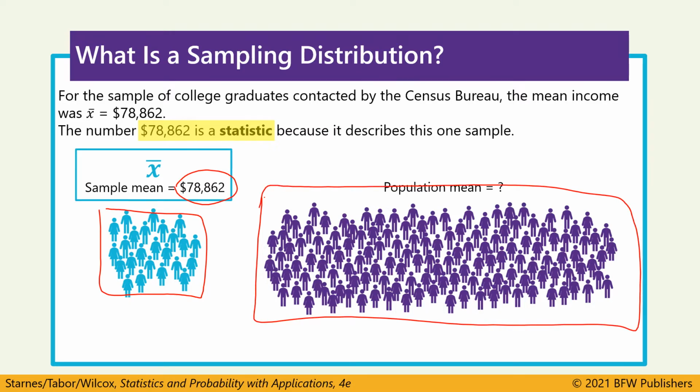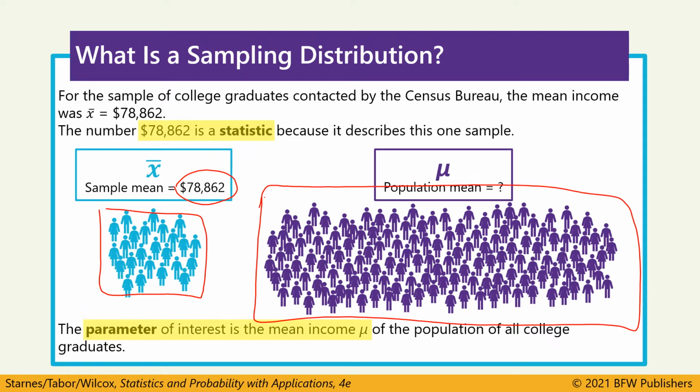If we went out and spoke to every single person in the US with a bachelor's degree and found out how much they made, we would be able to find that average. That would be the population mean, which is the parameter that we're interested in. So we're trying to figure out what is that parameter, the mean of all people in the US with respect to their income, by only talking to a subset, a small group of them.